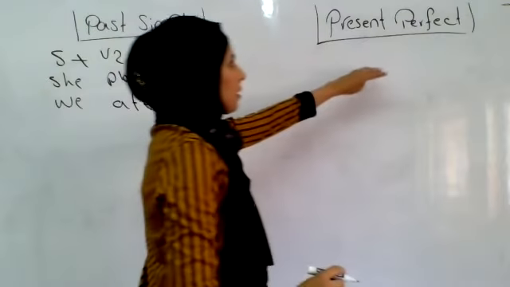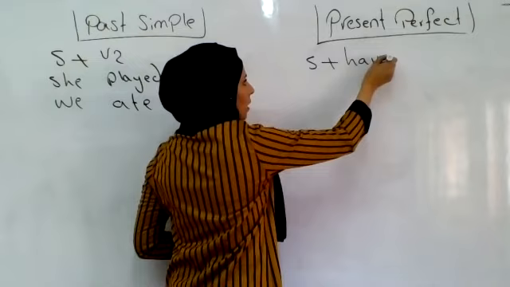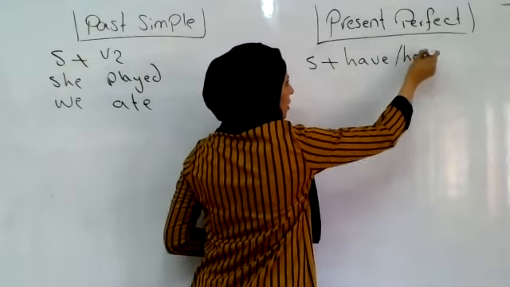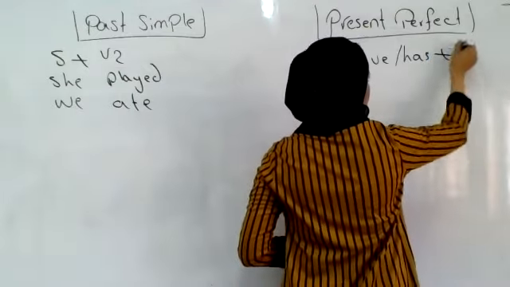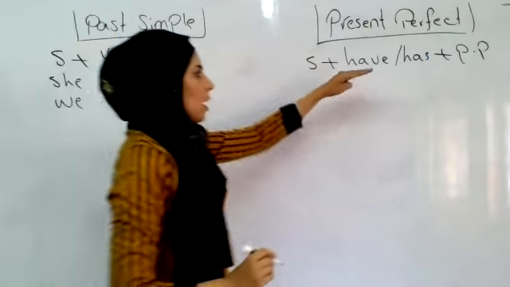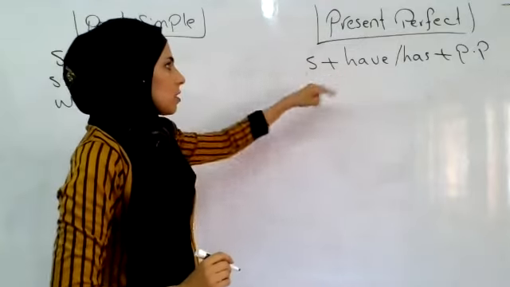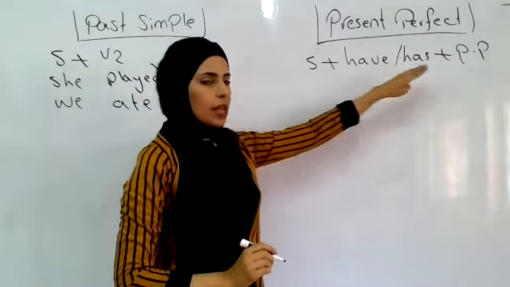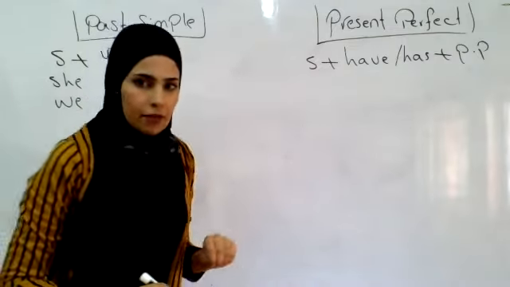In present perfect, you need to start with the subject and one of the auxiliary verbs has or have, and verb 3, which is the past participle of the verb. Has or have depends on the subject. When it's singular, then you need to start with has, and when it's plural, you need to choose have.